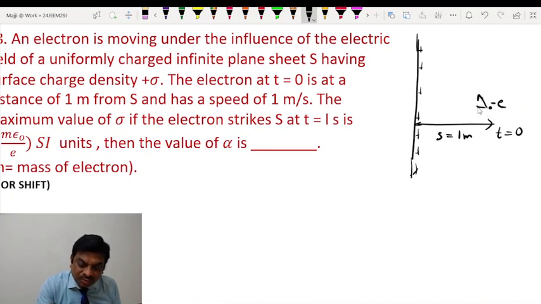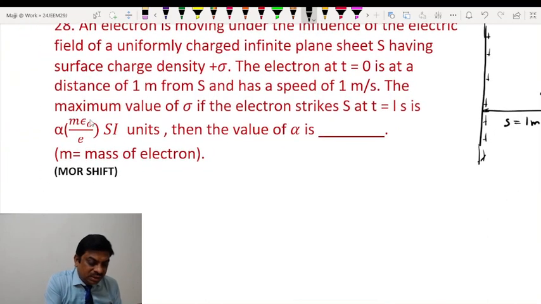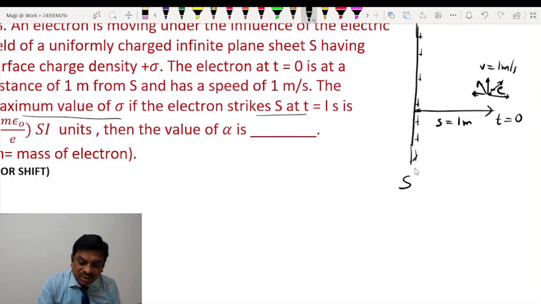It might move in this way, in this way, in this way. Just the speed is given. Speed is given as 1 meter per second. We don't know about the direction. But given that, we have to find the maximum value of sigma if the electron strikes S at 1 second.